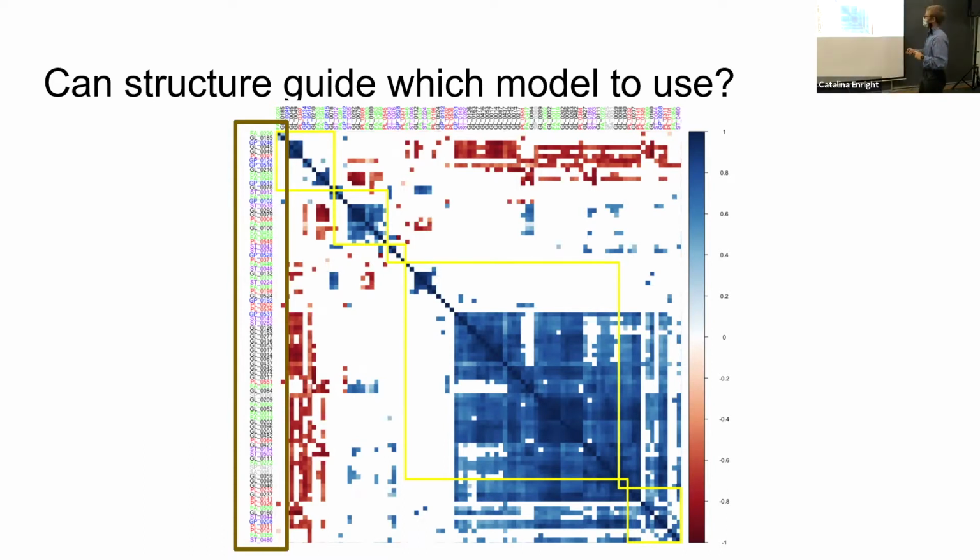But the structures of these metabolites are color-coded. And what you see is that though they've been hierarchically clustered here, the different structures don't cluster together, right? The greens are not together, the blues are not together, and so on. And so that suggests that if you know the structure of a particular metabolite, and we're using this algorithm encoded in the software classifier, that's not going to help you decide which model to use.